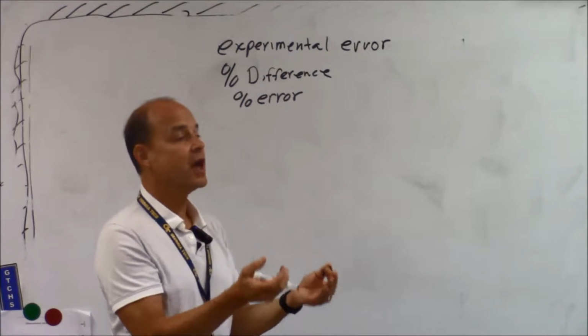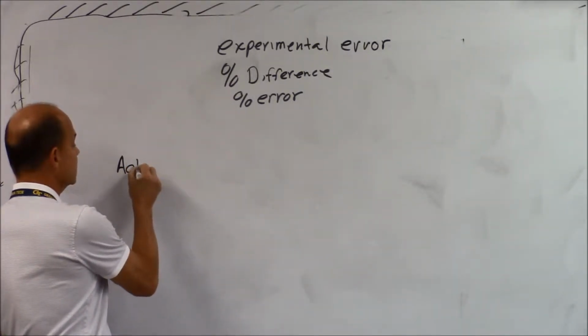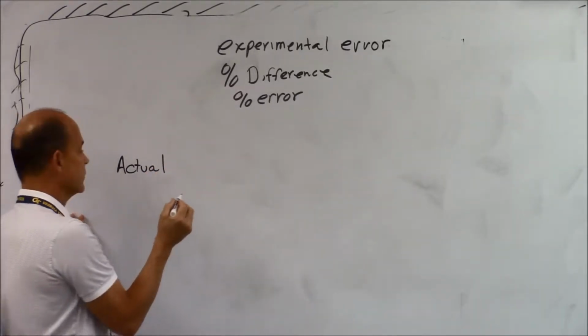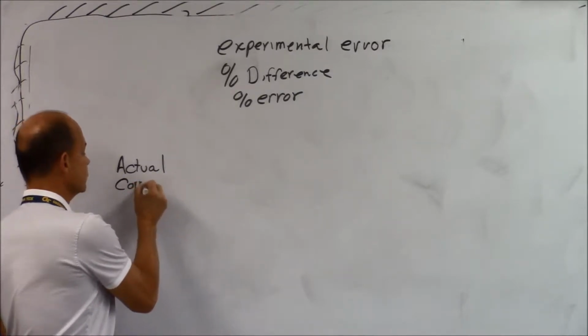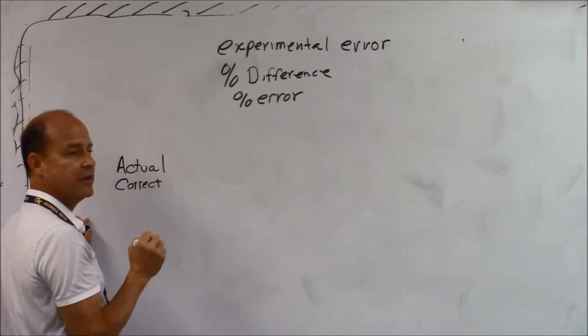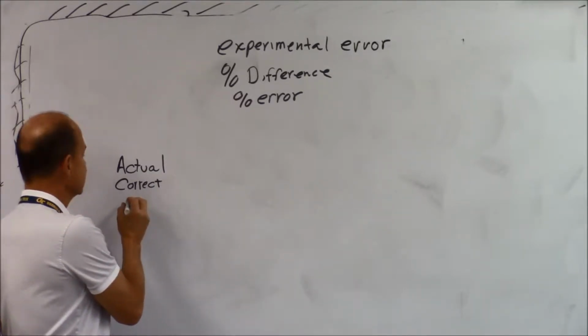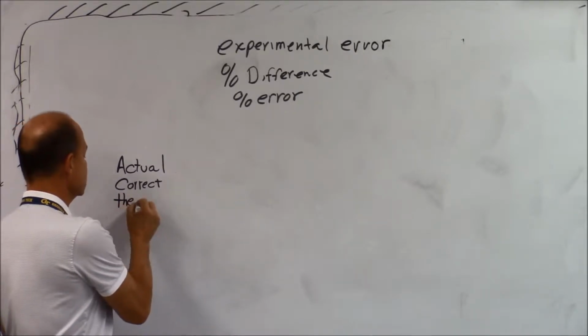So I'm going to tell you what the actual value of the density of your clay is, or the correct value of the density of your clay is, or the actual, correct, theoretical.